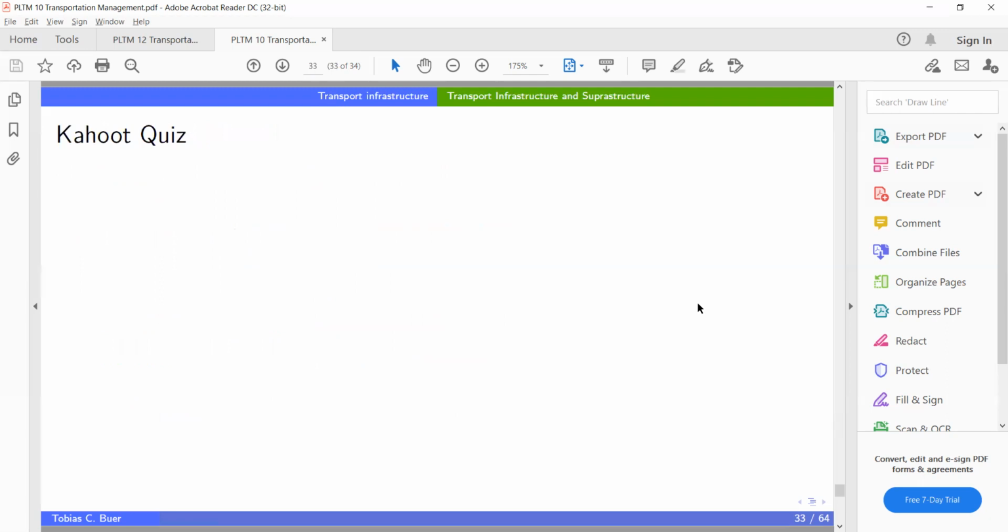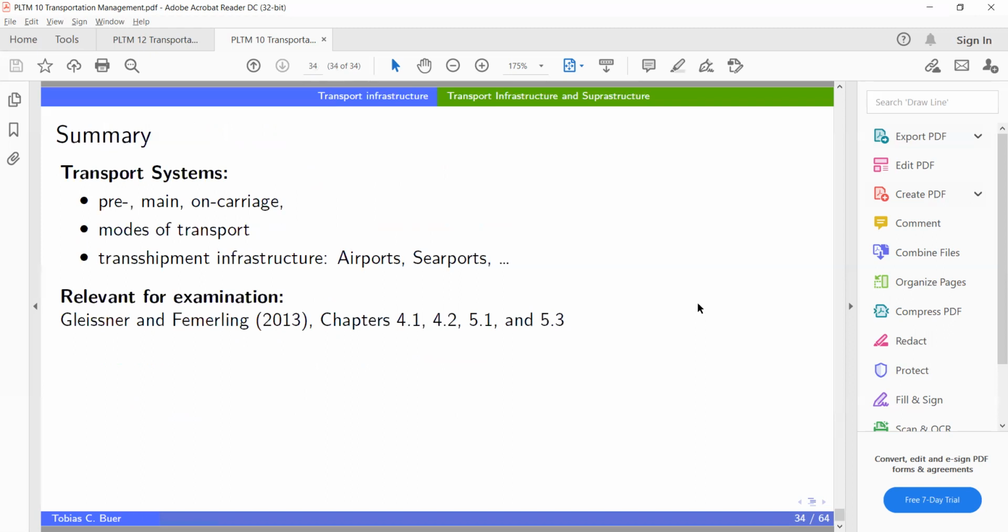So this first part about transport infrastructure, transport modes and transport systems is more about checking your knowledge. And the second part, the transportation problem, is more about applying your knowledge and doing some calculations yourself.